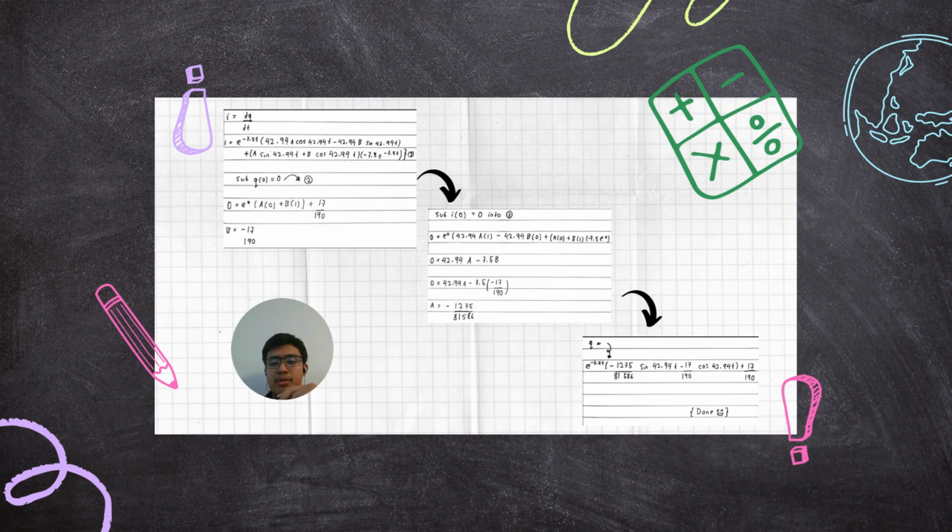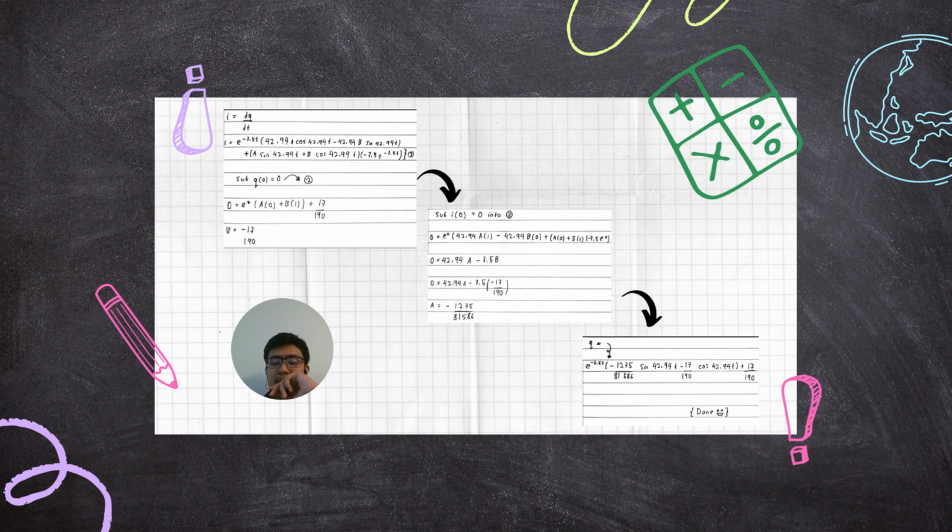We get e^0 equals 1, and in the bracket 42.94 A, we get 1, because if we insert t equal to 0, sin 0 is 0 and cos 0 is 1, and cos times 0 we have 0. The same as up here for equation 2.